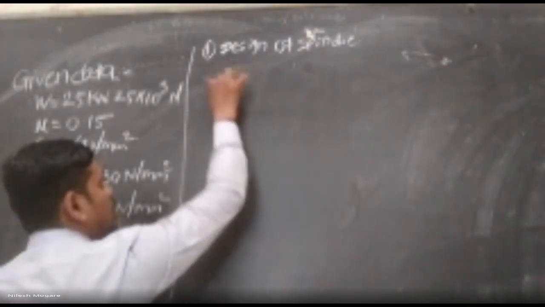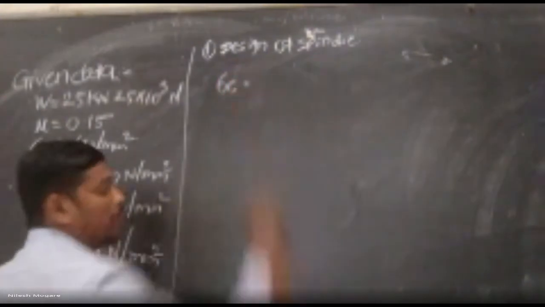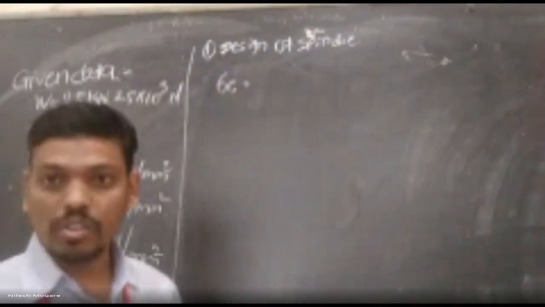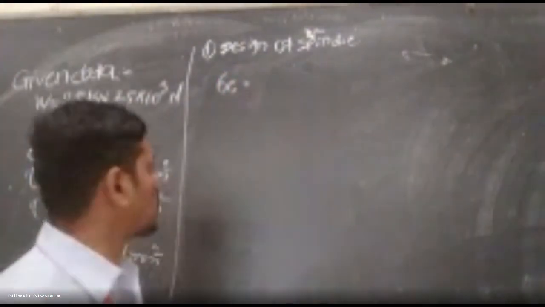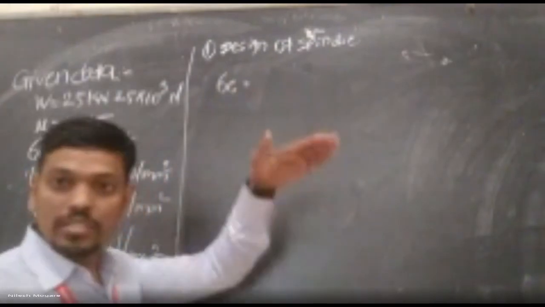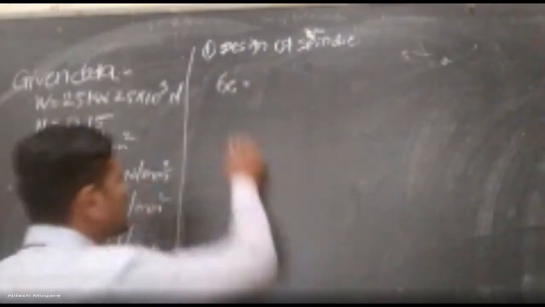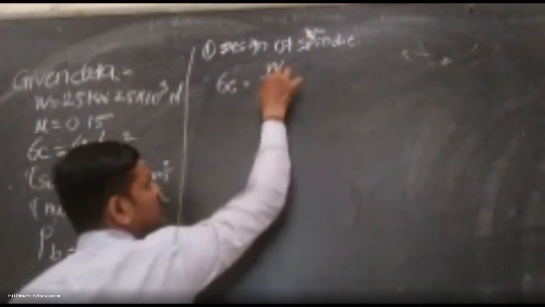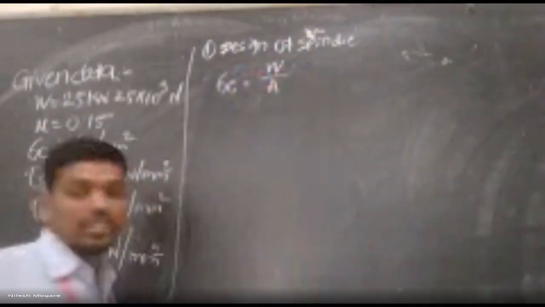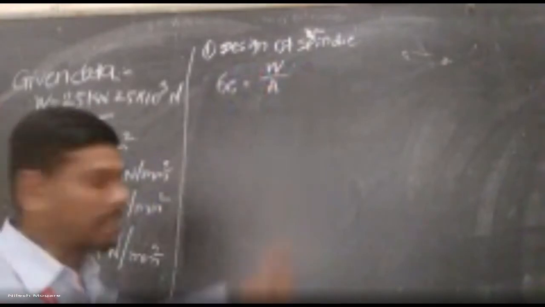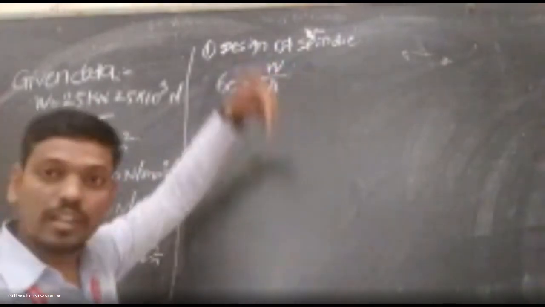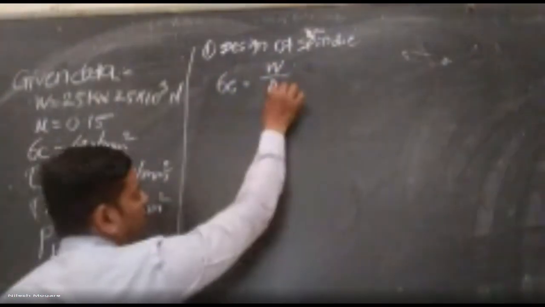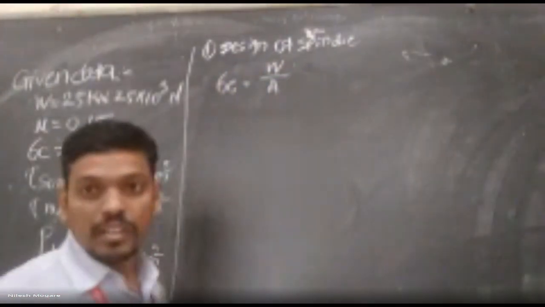At first we have to consider compressive stress. Compressive stress means the load which acts from the top side and compresses the screw spindle. Hence we have to consider compressive stress. The formula for compressive stress is sigma c equals load upon area. Load means the vertical downward load which acts from the top side on the screw spindle, and A is the resisting area.